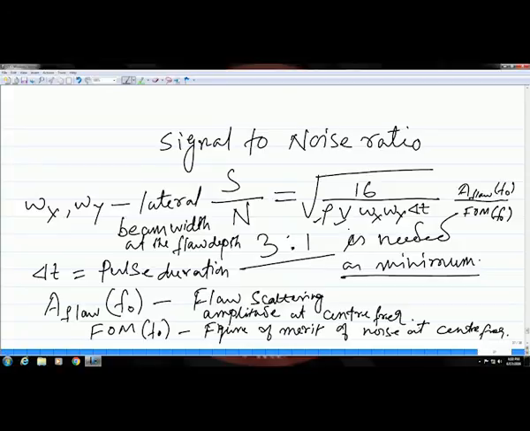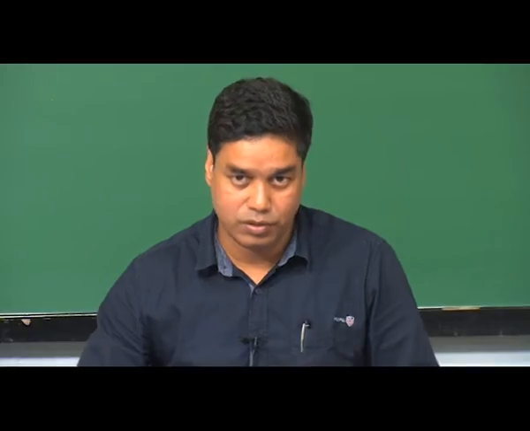Okay. So, these are the parameters which will control the signal to noise ratio, and then based upon this you could see what are those parameters which will increase the detectability of the flaw. For example, if you decrease the lateral beam width, okay, so that means if you have a focused beam, then the detectability of the defects or the signal to noise ratio will be more.